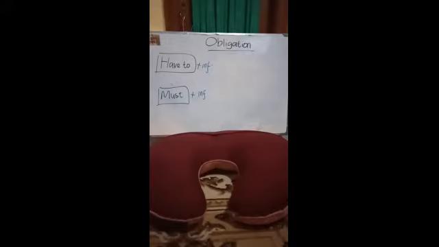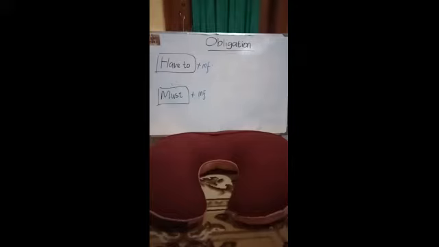Obligation. The first pattern that is used to express obligation in English is have to and must. Have to and must are very similar, but they have a difference in use. Let's check have to first.